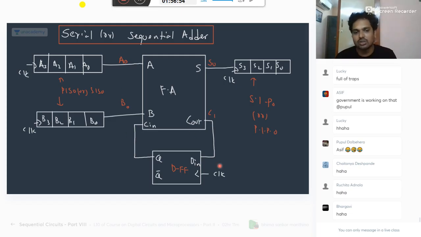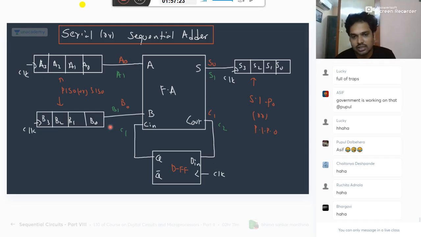So when you apply the next clock pulse, what happens? Here A1 will come, here B1 will come, and C1 will come. Then these three will be added, and you will get the sum and the carry. Like that, on every clock pulse, this carry will be given, and A2, B2 will come, sum and carry, sum and carry. Lastly, everything will be stored in the register here. So it is in synchronism with all the clocks.